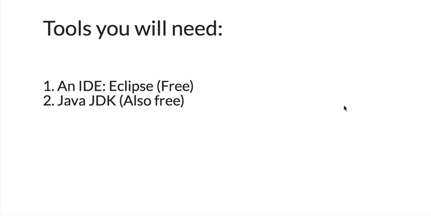Tools you will need will be an IDE. IDE stands for Integrated Development Environment, which is a set of tools to provide you a specific environment to program easily. And in order for the IDE to work, we'll be using Eclipse. You will have to install the Java JDK as well.